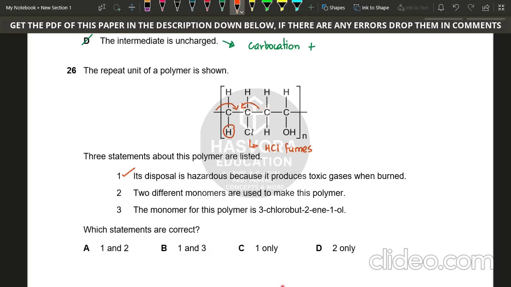So what it actually suggests is that there are two monomers. The first one will be this one, let me just highlight, and the second one will be this one.